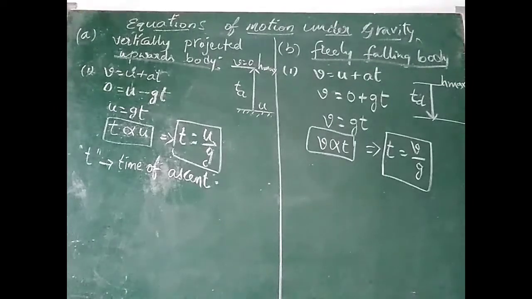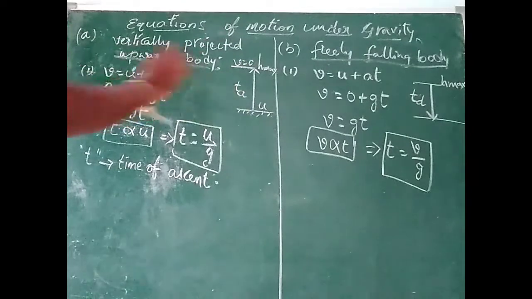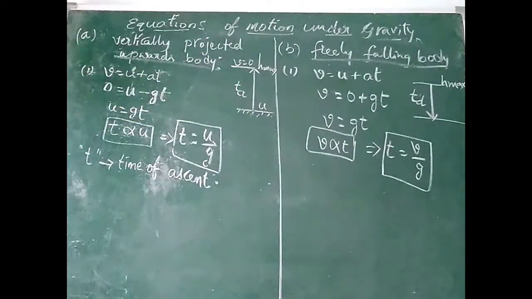We take the case that air resistance is absent, to make the calculations easy, so you should not bring air resistance into the calculation. If we also consider air resistance, then the values will change. So we consider that air resistance is negated. So in the absence of air resistance, the time it takes to reach the maximum height from the ground, the time of ascent, is equal to the time of descent.